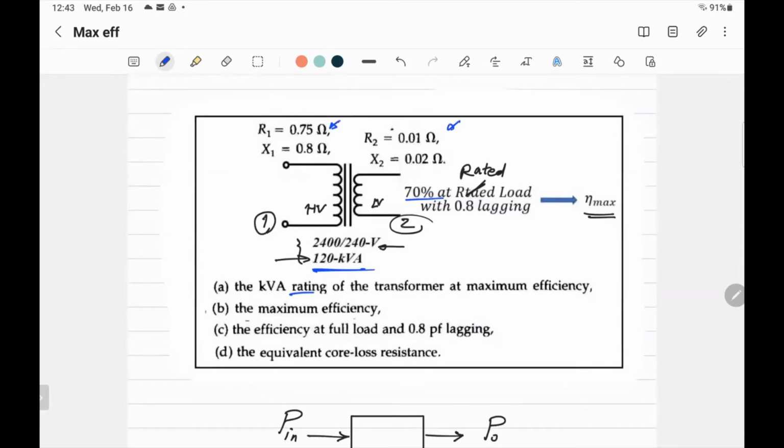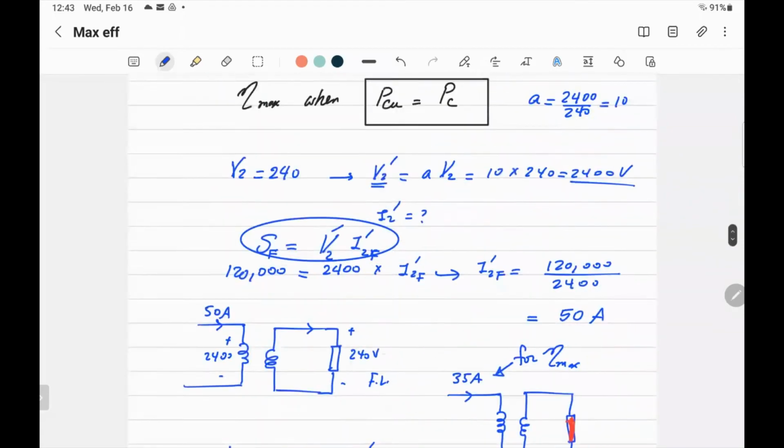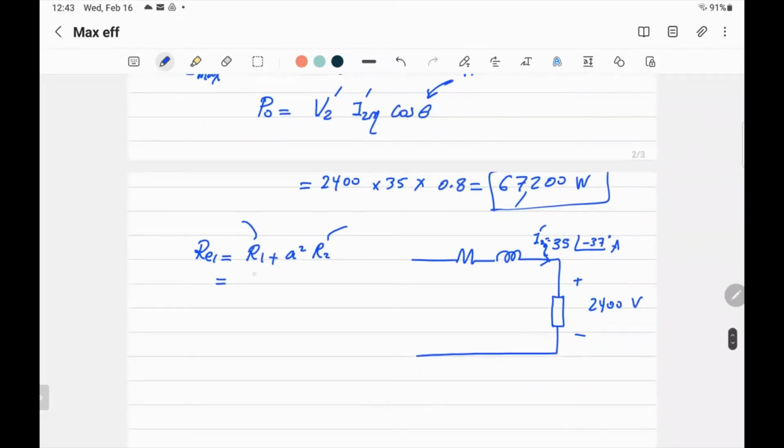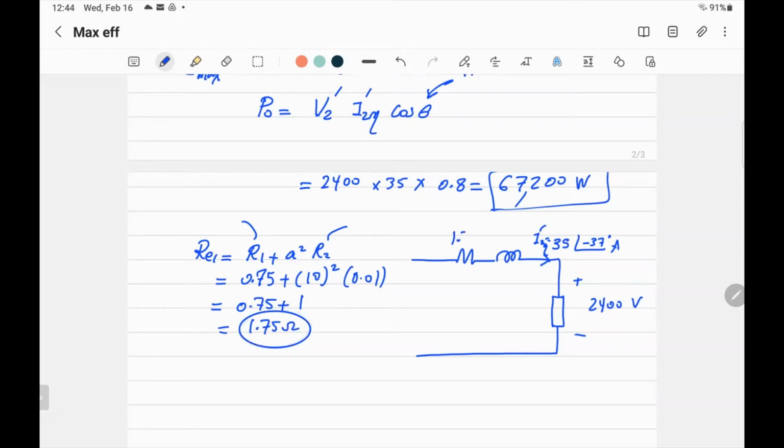Remember these two numbers. So 0.75 plus A squared, where A is equal to 10, times R2 equal to 0.01. We have 0.75 plus 100 times 0.01, so it's equal to 1.750. That will be the total equivalent resistance on this side.